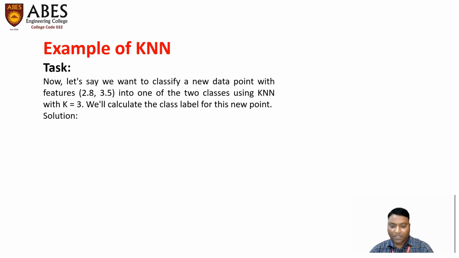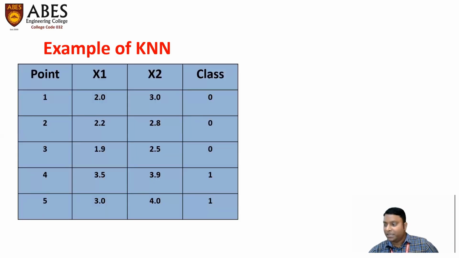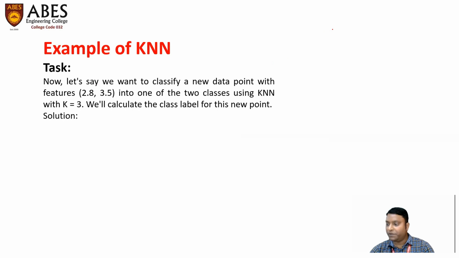Now let's put in the formula of Euclidean distance. Euclidean distance is equal to the square root of the squared differences. We have to find the values for 2.8 and 3.5.